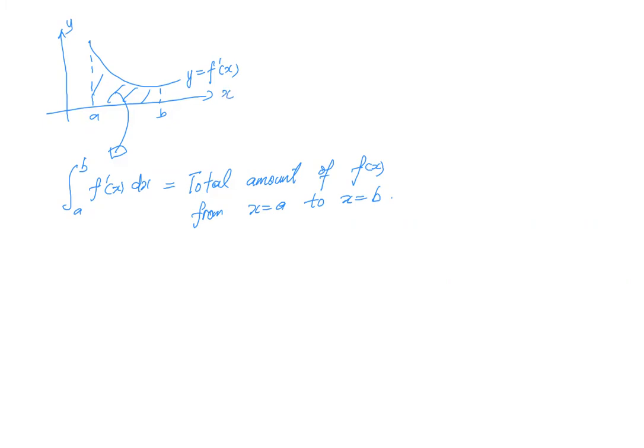Area bounded by the curve of rate of change, this is called the rate of change curve, is the total amount of that function. It can be total amount produced or total amount of water, total amount of anything, depending on the situation. That one you see in your question 9 and your question 10.